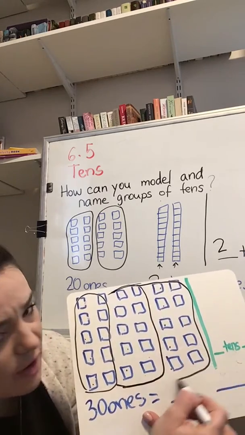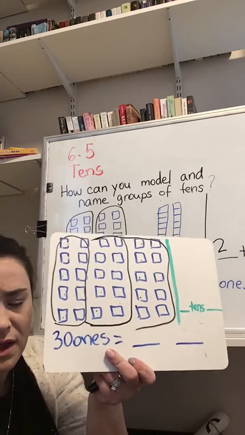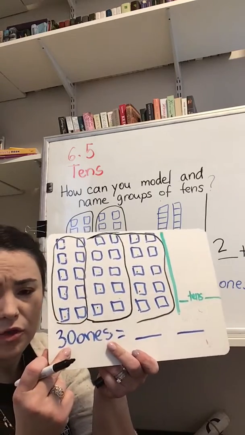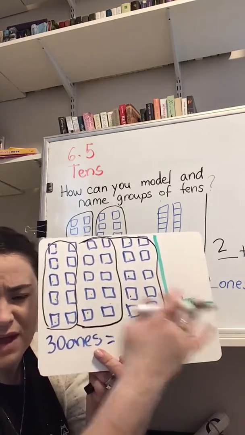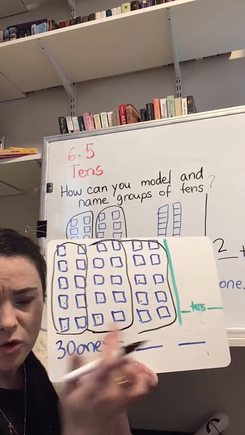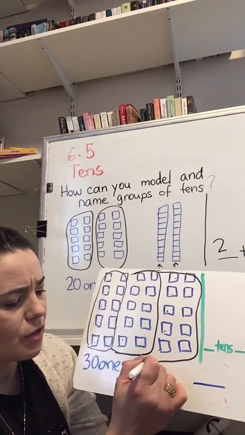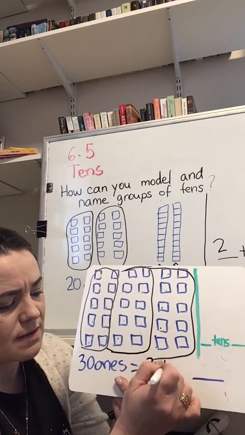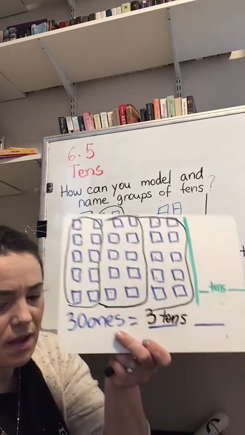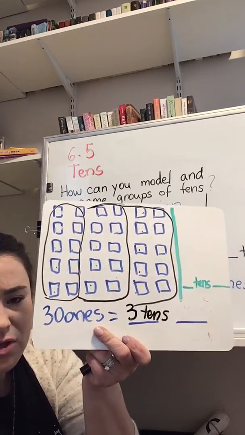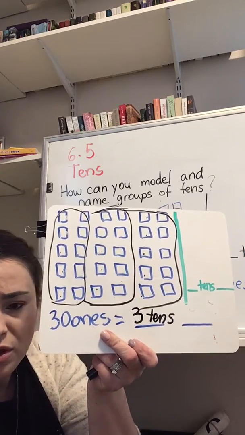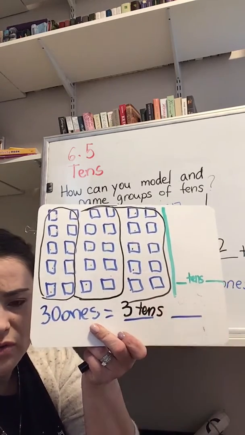How many groups of 10 did I create? So I had 30 ones, 30 cubes that were not connected to each other. How many groups did I make? I made 3 tens, right? Do I have any leftover cubes?